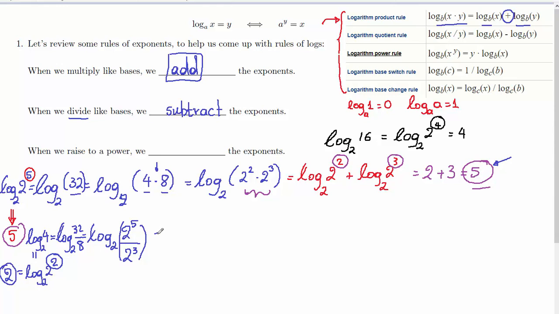Excellent. Now what I want to do is to simplify the fraction. 2 to the 5th divided by 2 to the 3rd is, what the rule tells me right here is that I can subtract the logarithms. So it tells me that this logarithm with base 2 of 2 to the 5th divided by 2 to the 3rd is equal to the log with base 2 of 2 to the 5th minus the log with base 2 of 2 to the 3rd. Let's see if this holds.